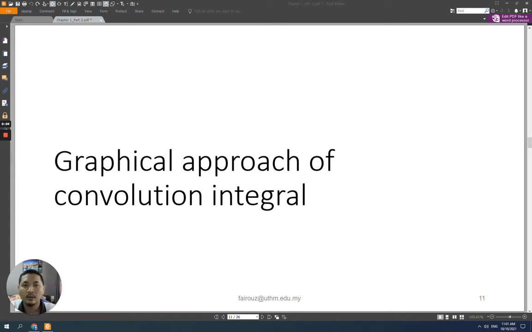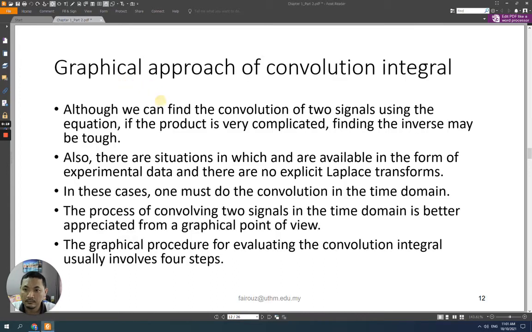Okay, in this video we will look at how we can perform convolution integral using a graphical approach. Although we can find the convolution of two signals using the equation, as in the previous example, if the product is very complicated, finding the inverse may be tough.